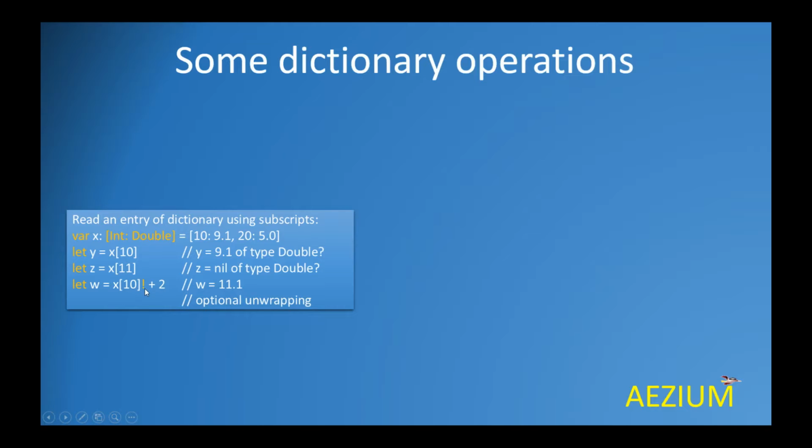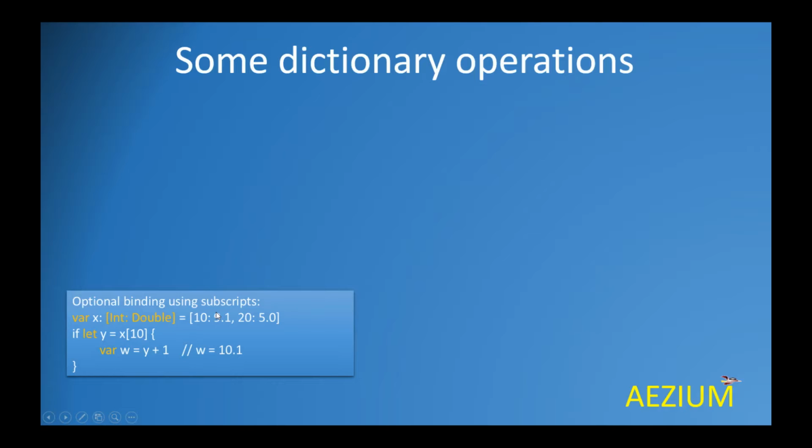If we didn't use the exclamation point, this expression here would return a runtime error. So we need to unwrap it because this value is an optional. By using the exclamation point, x[10] here will return 9.1, which is the unwrapped value of this entry, and is added to 2. So the result is going to be 11.1, which is assigned to w.